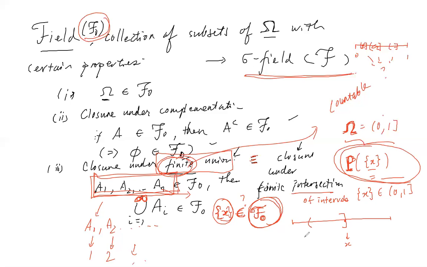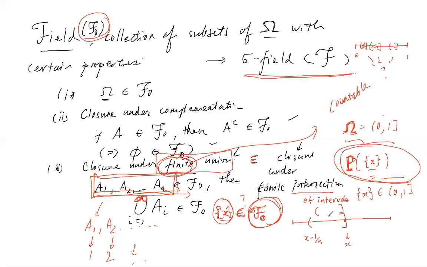Yeah, so you can get a singleton from the following. You have one set like this, then you have another set, half open, that goes like this.